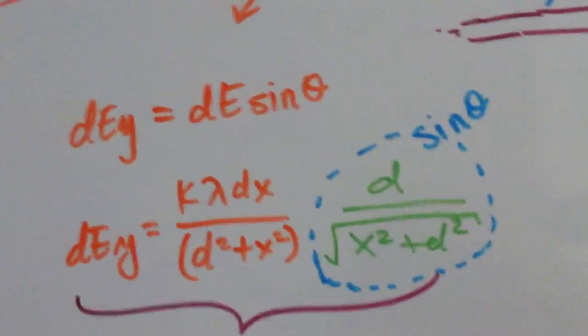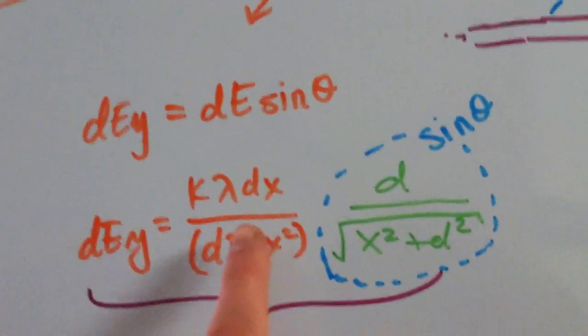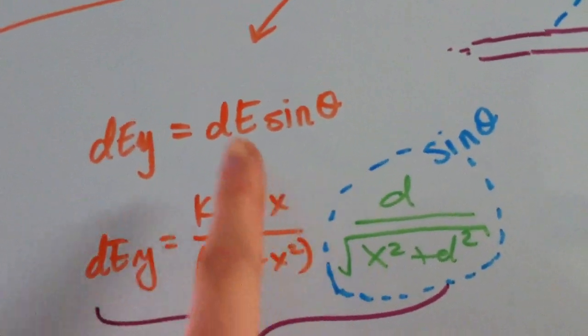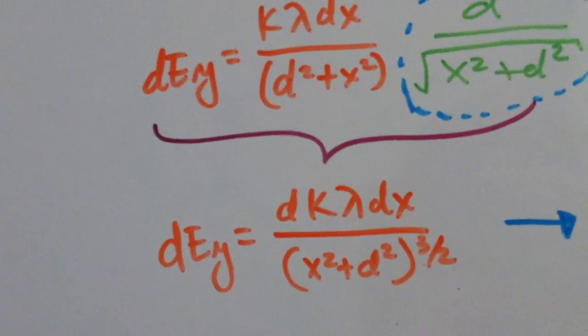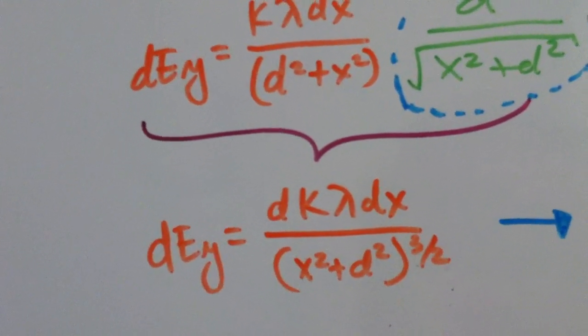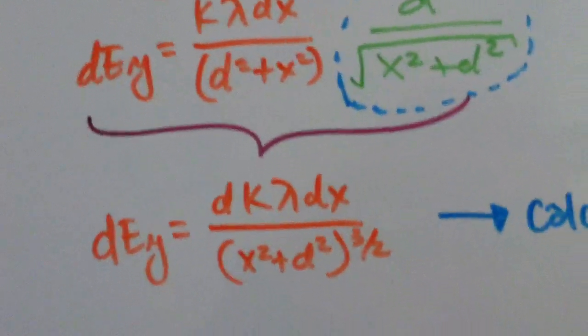And that's how we got that sine theta. Now if you multiply these together, we get dEy equals k lambda d dx divided by x squared plus d squared to the 3/2 power.